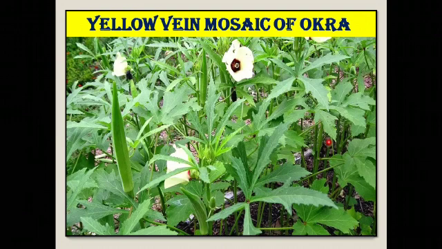Kulkarni, a scientist, first observed the viral infection on the okra crop, and finally confirmed that a virus produces the disease in okra, that is yellow vein mosaic disease.